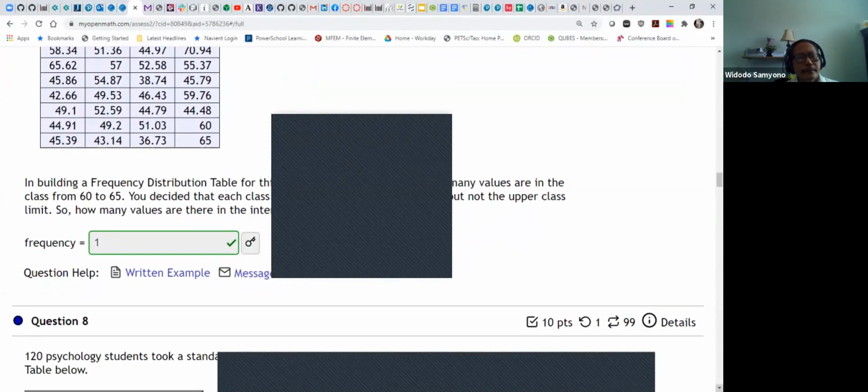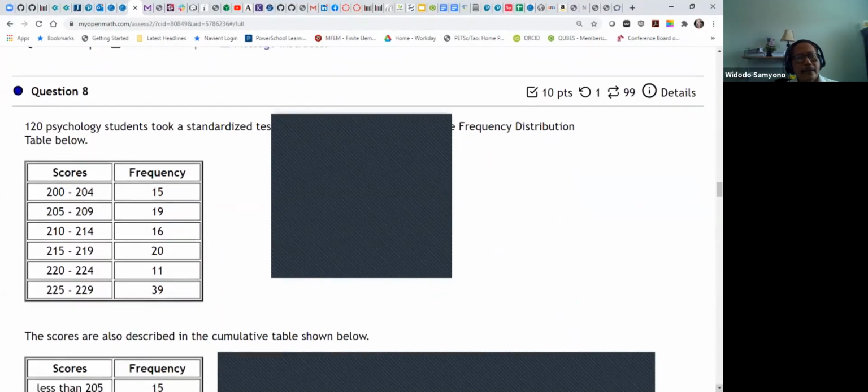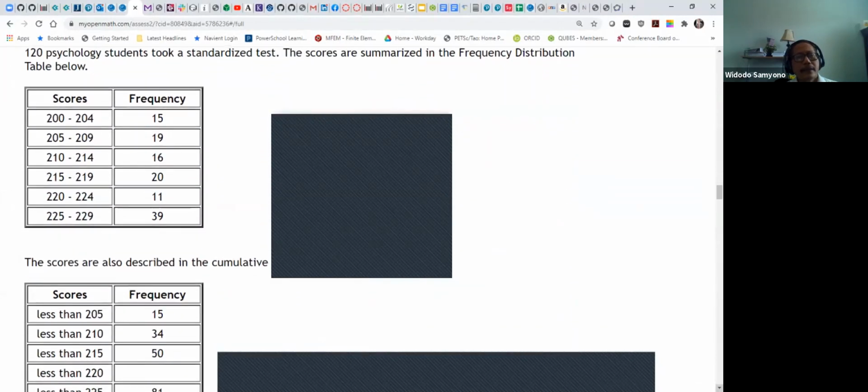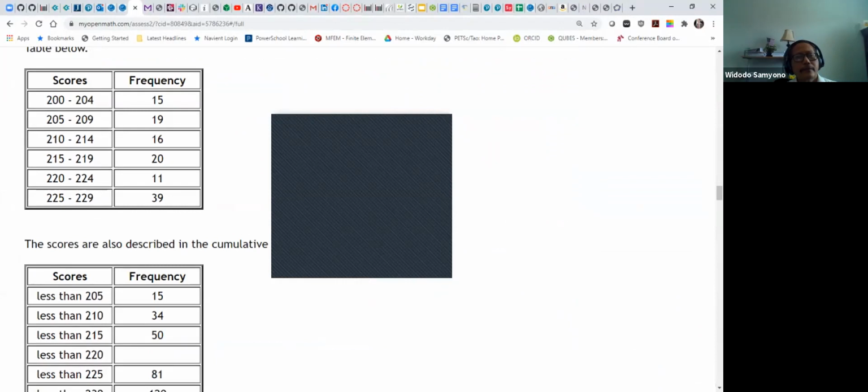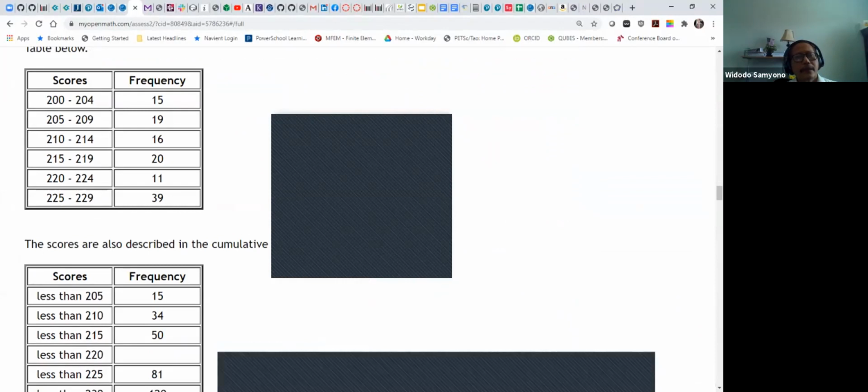So the next one is this, we call it the frequency. Okay, this is the frequency. And the next table is the cumulative frequency. So you can see here, it starts with the same frequency, which is 15.